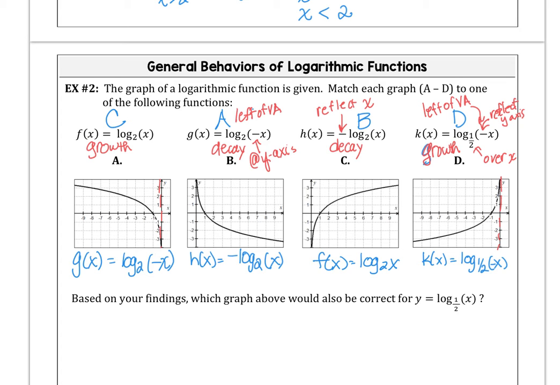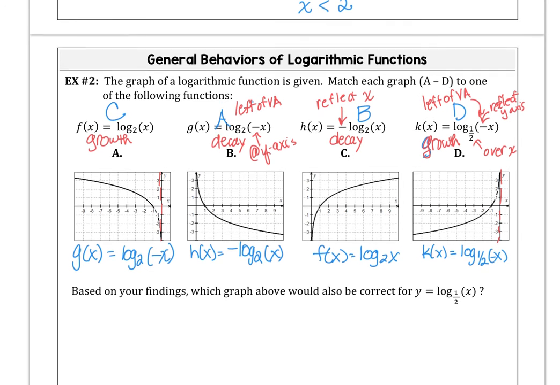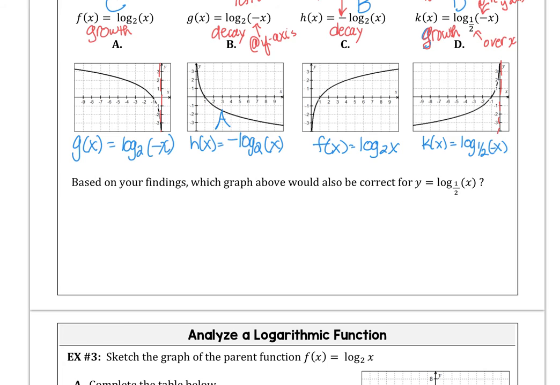And then a little bit of critical thinking based on your findings. Which graph above would also be correct for log base 1/2 of x? In my thinking, since log base 1/2 of x could be written as negative log base 2 of x, then we have a reflection across the x-axis.